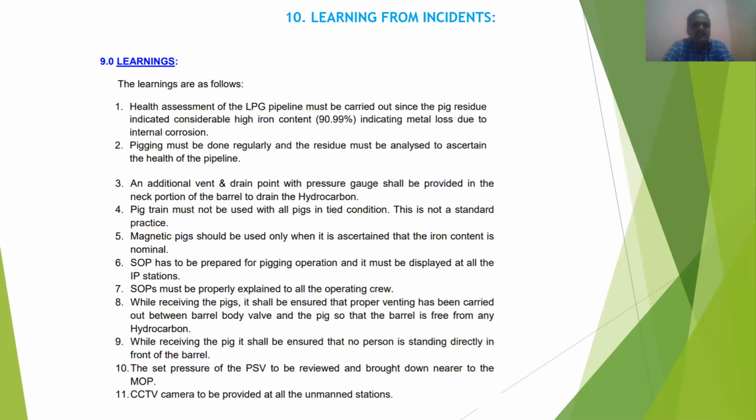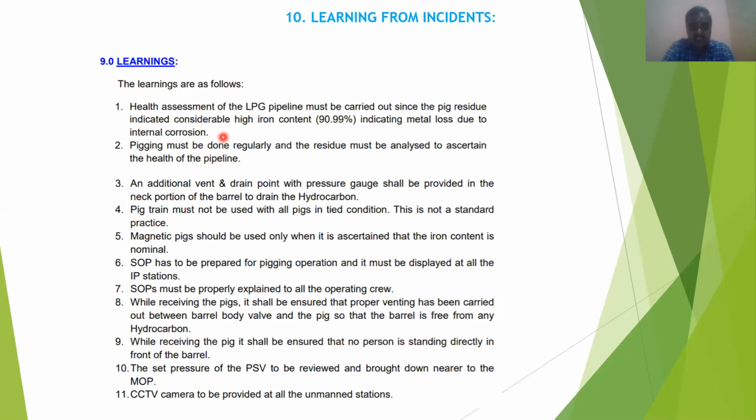Learnings from incidents. The learnings are as follows. Health assessment of the LPG pipeline must be carried out since the pig residue indicated considerable iron content of 90.99%, indicating metal loss due to internal corrosion. See, because of the internal corrosion, there will be metal loss from inside.